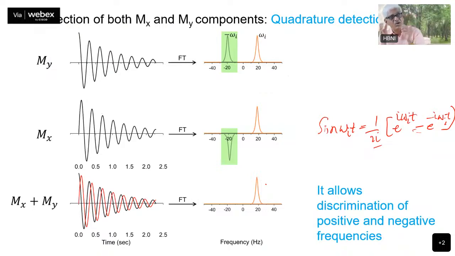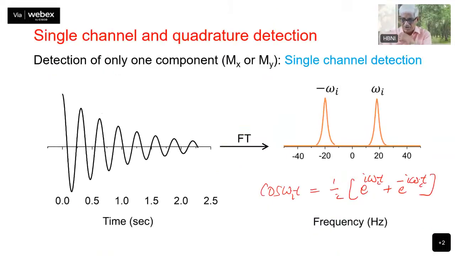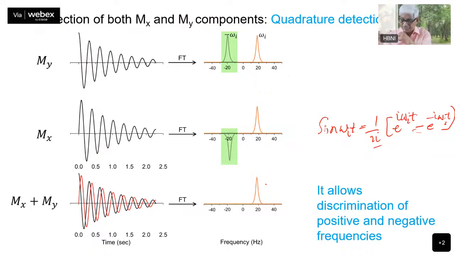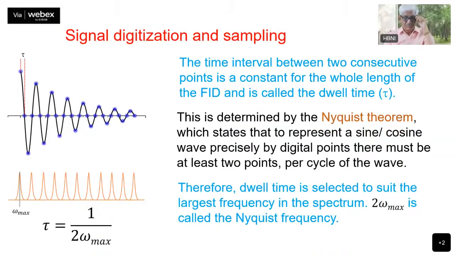You want only the real frequencies present in your spectrum. We'll come to that later. So quadrature detection allows discrimination of positive and negative frequencies: you collect both X and Y components. In single channel detection, you collect only the X component or only the Y component, which generates two frequencies after Fourier transformation.